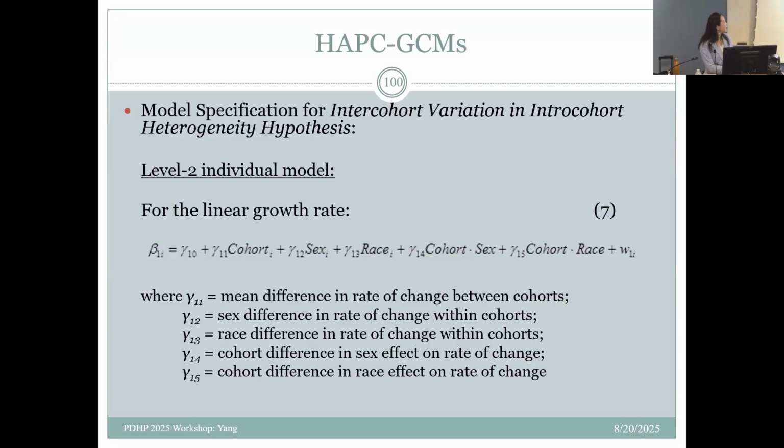Now here, because beta 1i is the age coefficient, any variable you plug in this equation would result in interaction with age. Okay, so while gamma 1 is the same as we saw before as the age by cohort interaction, the rest of the terms will give you two-way and three-way interactions.